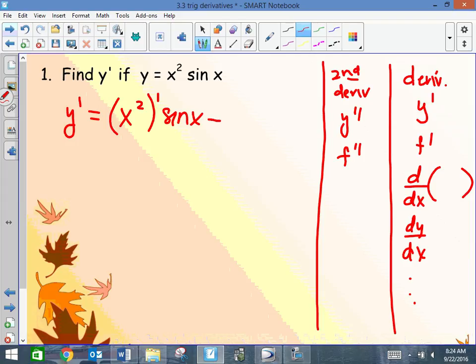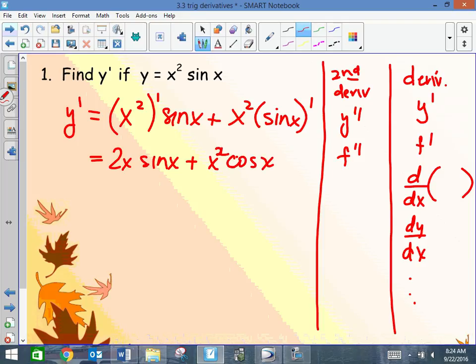Did you say minus? I'm thinking you meant plus, right? Plus x squared times derivative of cosine x. Very good. Okay. All right, that's the product rule. All right, take it from there, Hannah. From there, it's 2x sine of x plus x squared cosine of x. Very good.